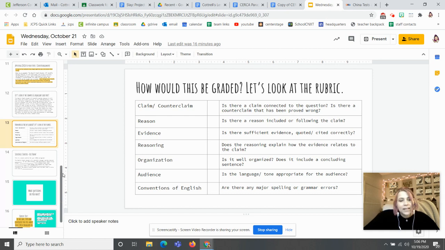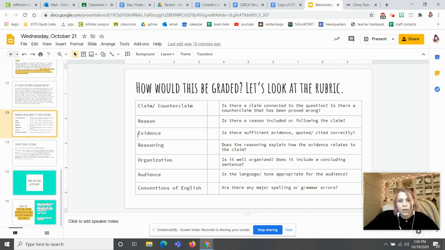And then finally, this is the rubric. Claim, counterclaim. Is there a claim connected to the question? Is there a counterclaim that has been proved wrong? Reason. Is there a reason included or following the claim? Evidence. Is there sufficient evidence quoted/cited correctly? Reasoning.